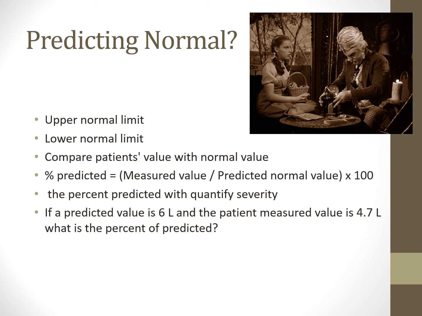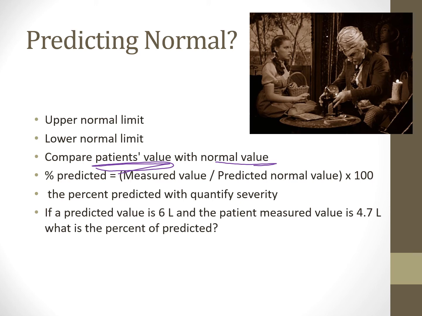All right, how do we know someone's normal value? We need to know the upper limit of normal and the lower limit of normal to see if their lung function is okay or not. So we're going to compare the value that the patient gets on the equipment to what's normal for them. This is a pretty simple calculation, just like calculating a grade.